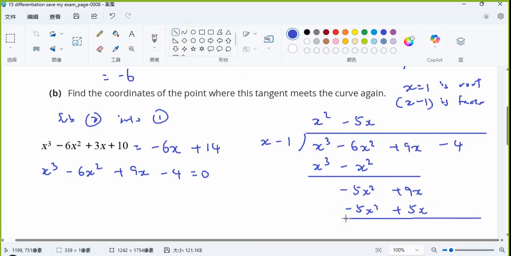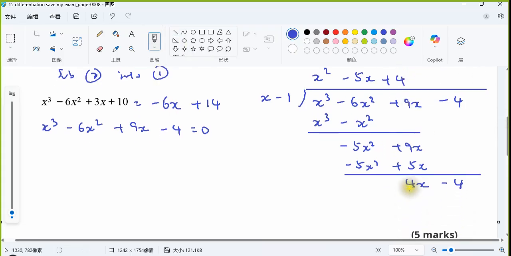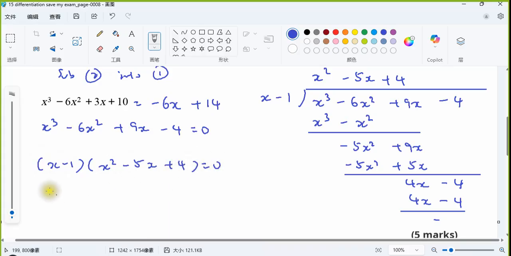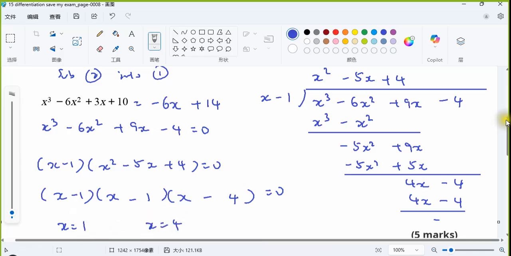And then last we will have 4x minus 4, plus 4, then it is 4x minus 4. So what we will have is (x minus 1)(x squared minus 5x plus 4) equals 0, (x minus 1)(x minus 1)(x minus 4) equals 0. So x equals 1, x equals 4.